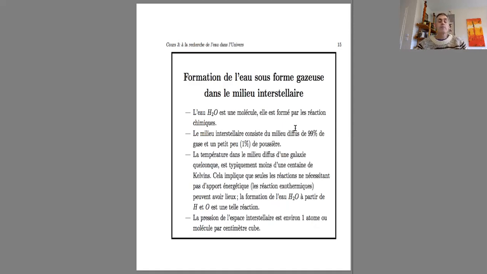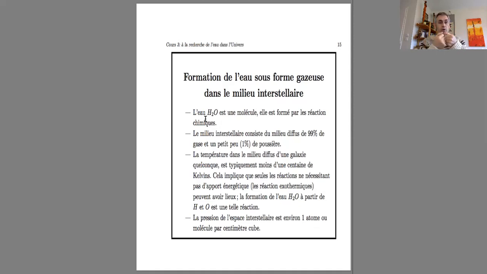Okay, so we have the building blocks. We have the hydrogen, we have the oxygen to make water in fairly large quantities. But to form a water molecule, you need a chemical reaction, right? To join the hydrogen and the oxygen together. Remember, it's nuclear reactions that are happening inside the stars.